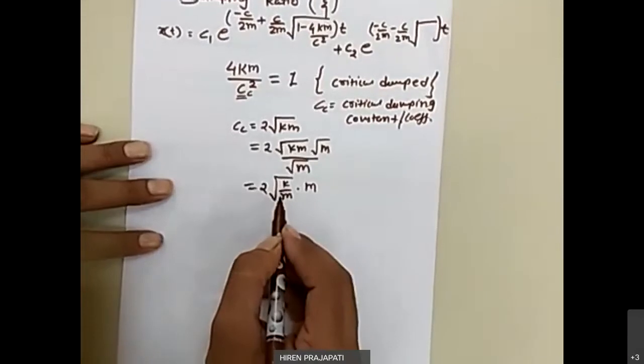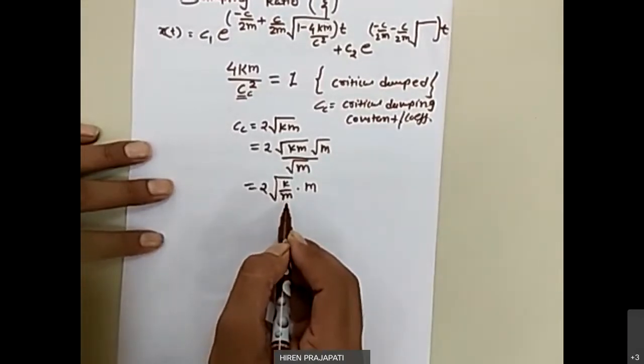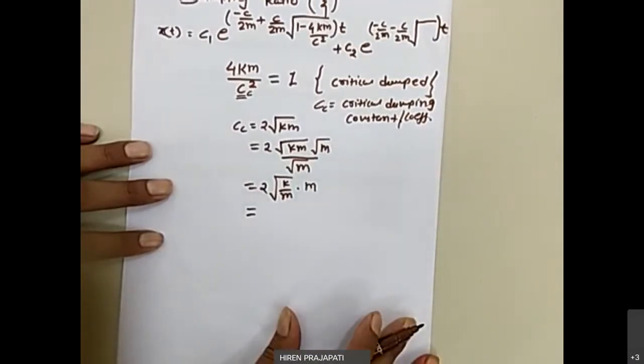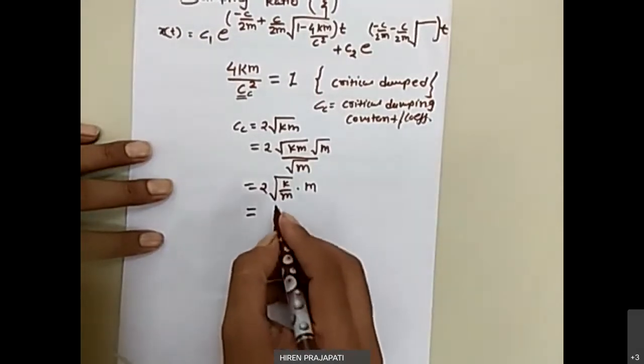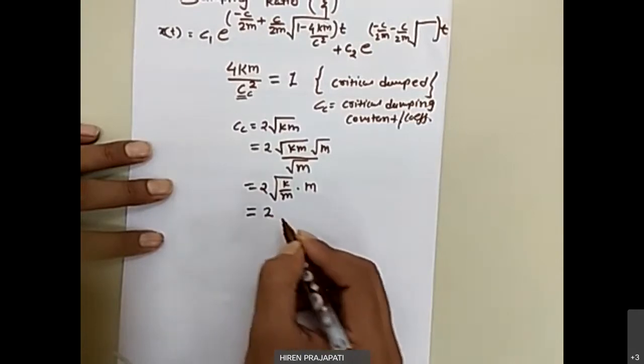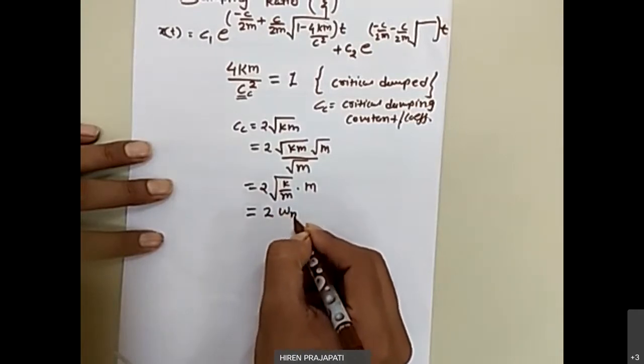And now we know what is square root k by m. Can you please revert what is square root k by m for any spring mass system? Janish, Karthik, Divyam, what is square root k by m? Natural frequency. Yes, it's the natural frequency. So 2 omega n m.